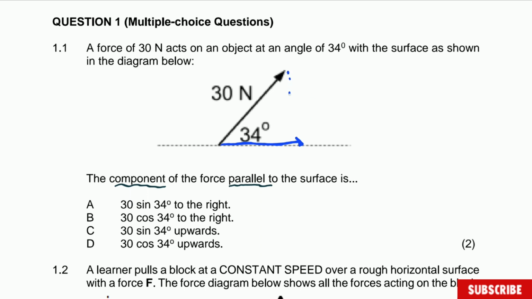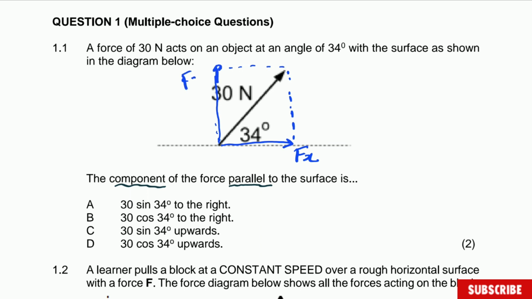If you project it to the x-axis, that is the force in x, and in the y-axis will be the force in the y direction.